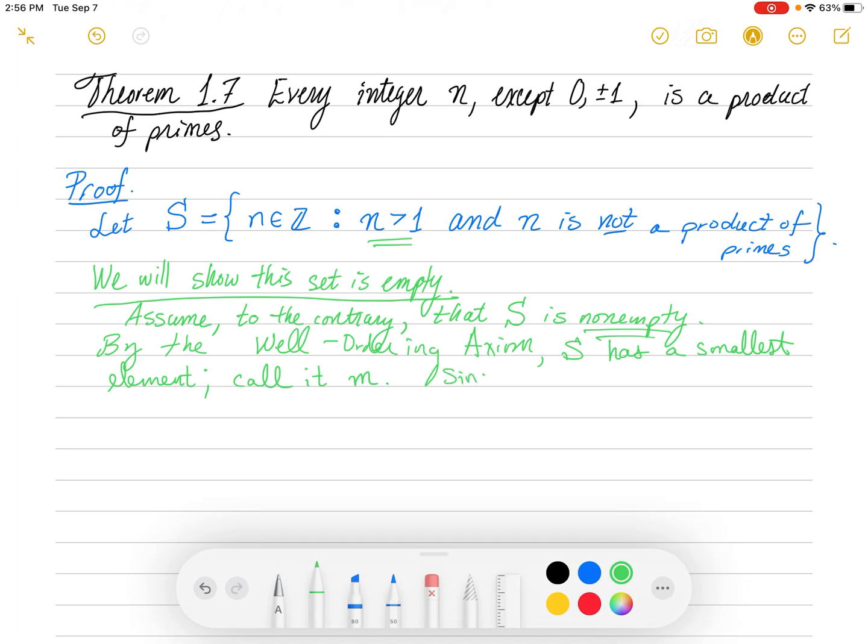So since M is not a product of primes, it's not prime itself. M is not prime.